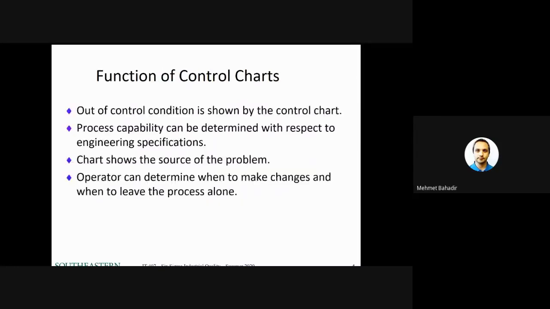So, the function and the significance of variable control charts: the most important characteristic or benefit of using control charts is that they show the source of the problem. Of course, it's not that easy.